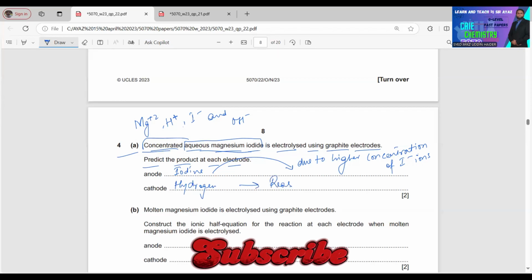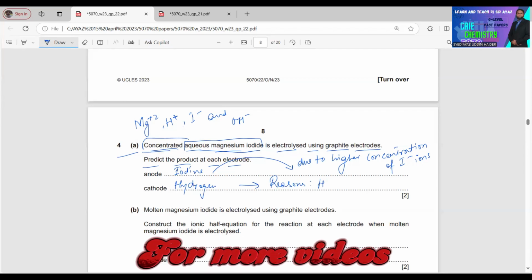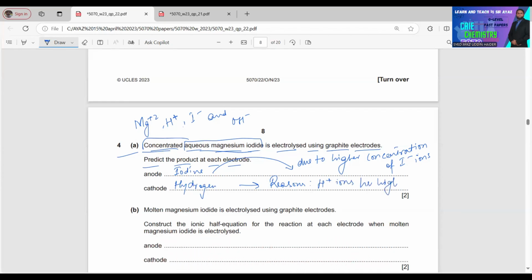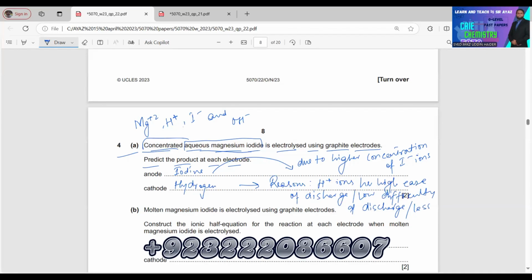Reason: H+ ions have high ease of discharge, low difficulty of discharge, or are less reactive as compared to Mg+2.